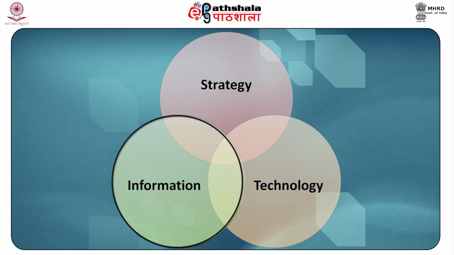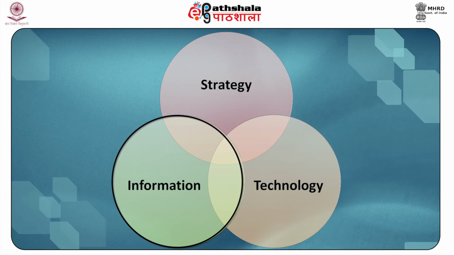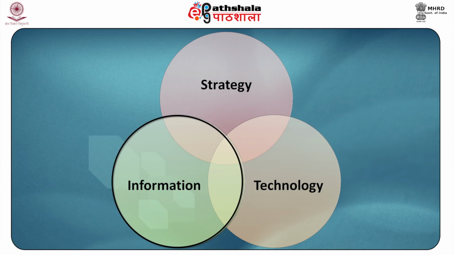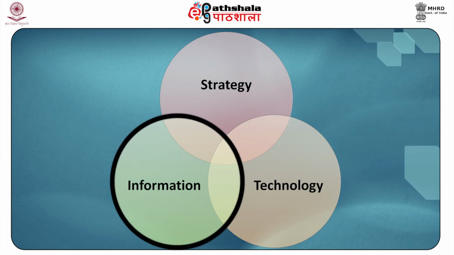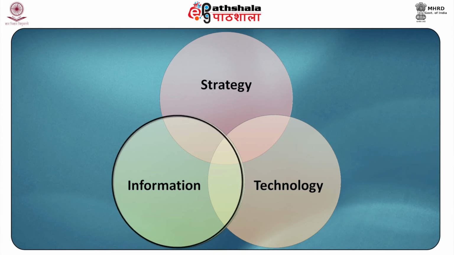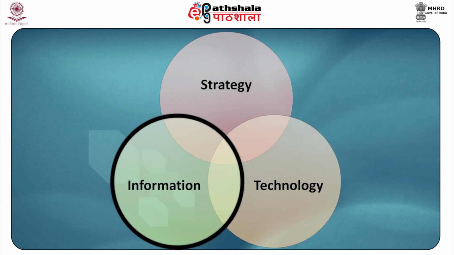The organization may follow a mechanistic or a bureaucratic structure, which is the functional structure, if they do not require information sharing and the process of information to realize their organizational goals. On the other hand, they may follow organic structure like project, matrix and network structure if they require information sharing and information processing to achieve their goals.